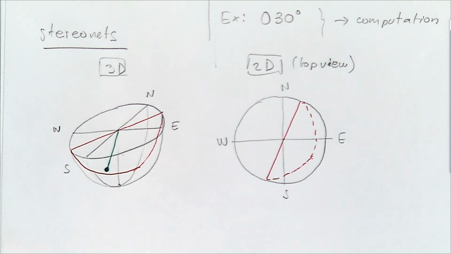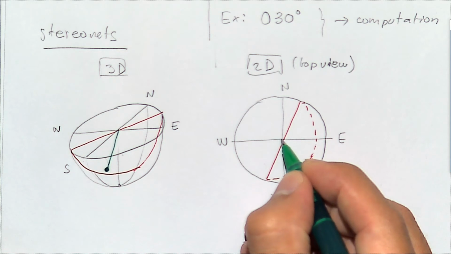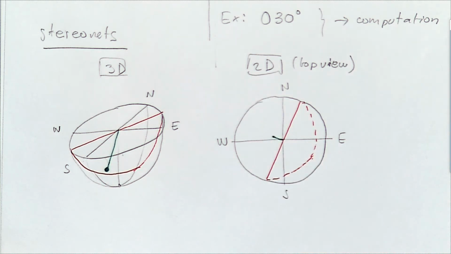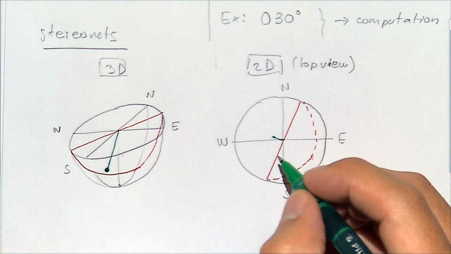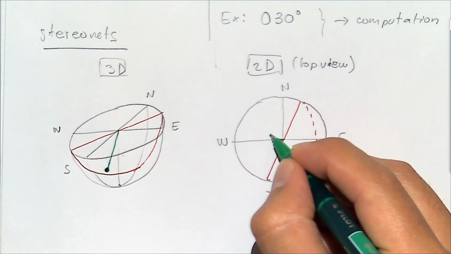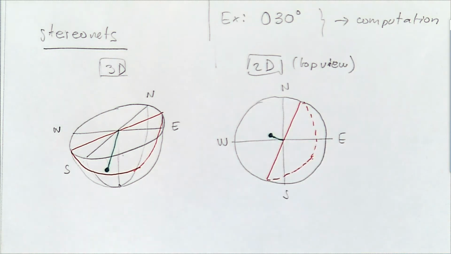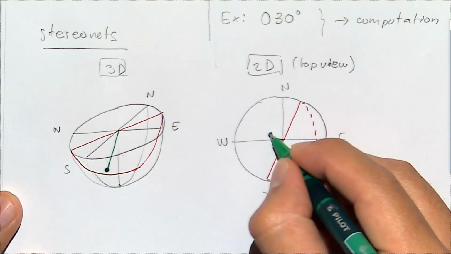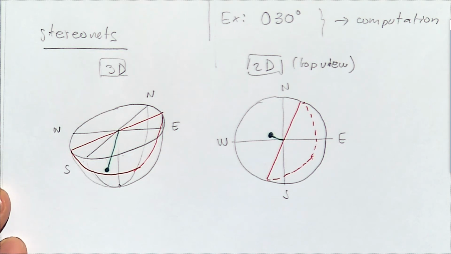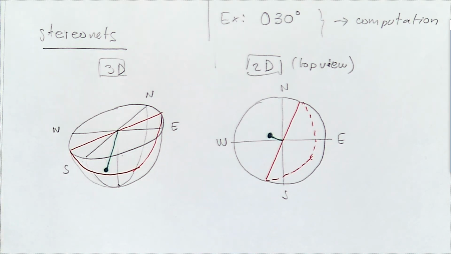And my 3D drawing is not great, but what you will see in this direction is that if it has a dip of 40 degrees, it's going to be somewhere over here. And this is the point that we want to plot. So the stereonet is going to reduce all planes to just 1 point.